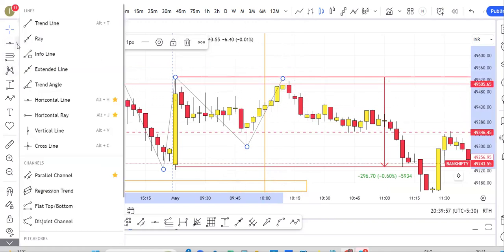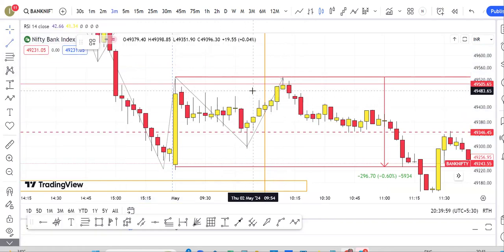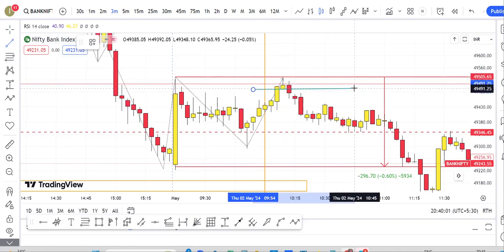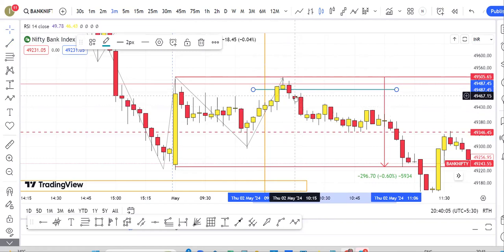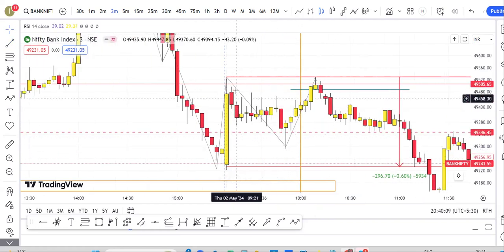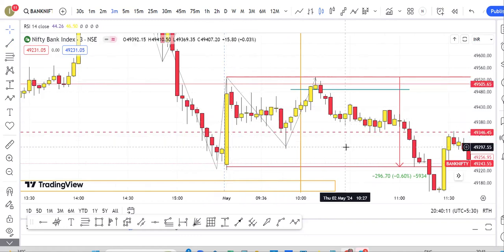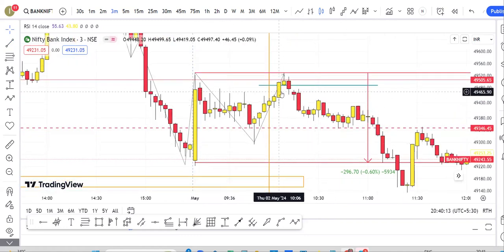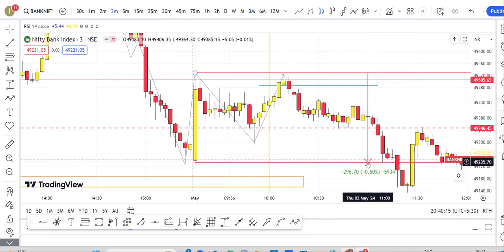It indicated that price will start reversing. Okay. So what should be your target? Since there is a big institutional candle lying there, probably this should be your target.